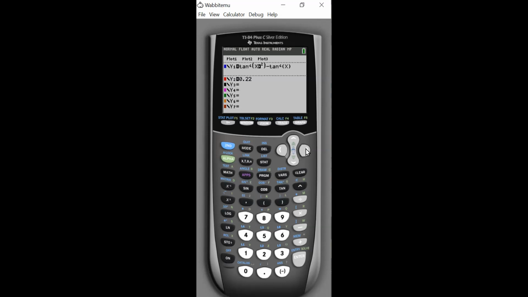Why is it not working? I use Zoom standard.